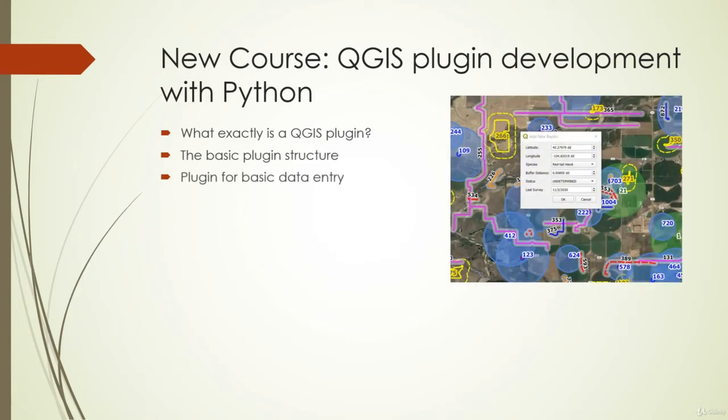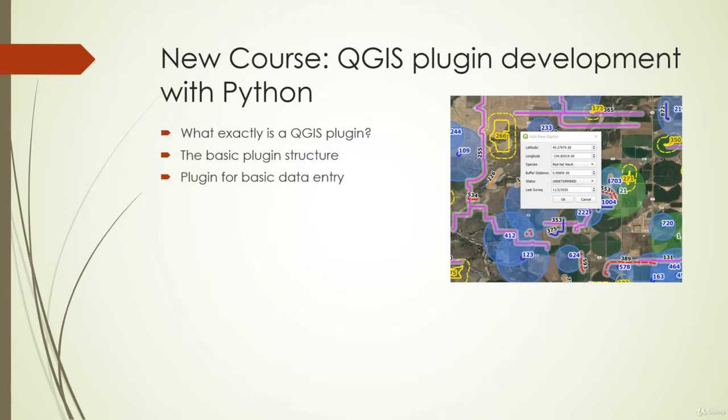Then we'll write a plugin for data entry that will make data entry much simpler than basic GIS tools for specific layers. For example, this plugin is for a point. It takes the coordinates of the point from the center of the screen, allows the user to choose a species. This application is for a raptor nest. And then it automatically chooses the correct buffer size depending on the species.